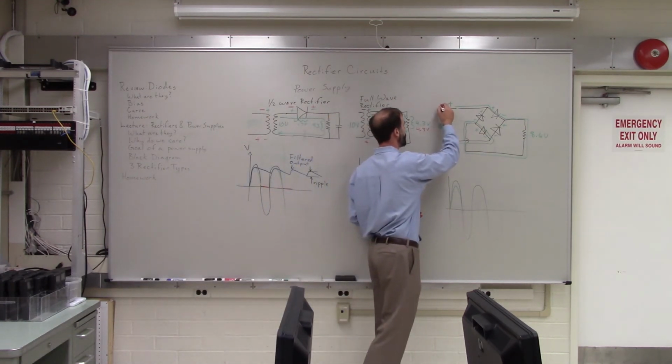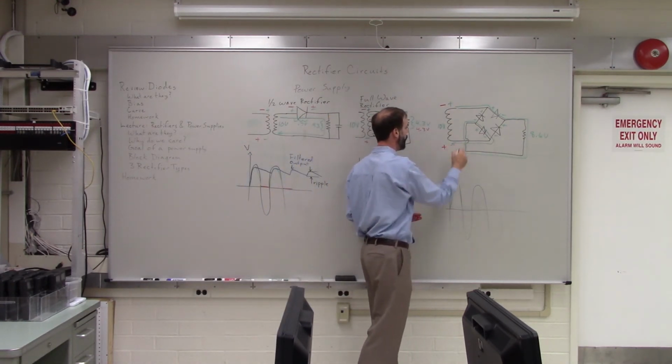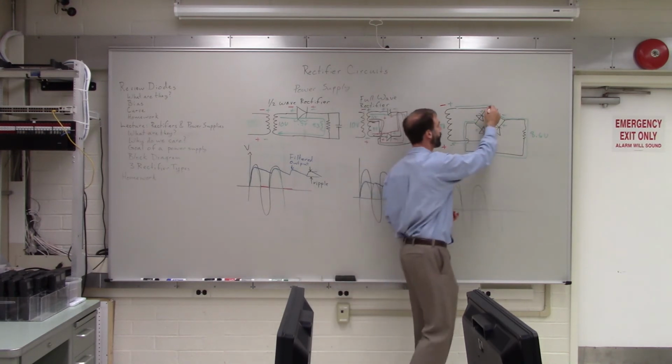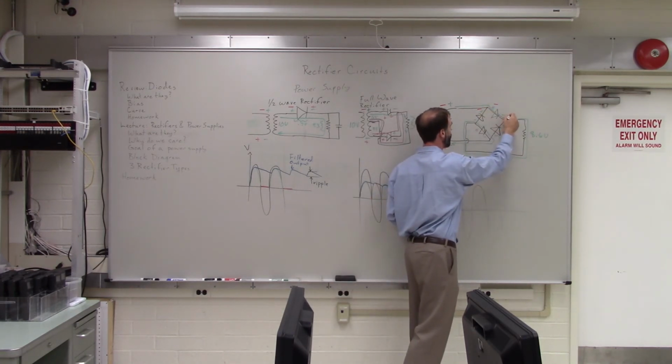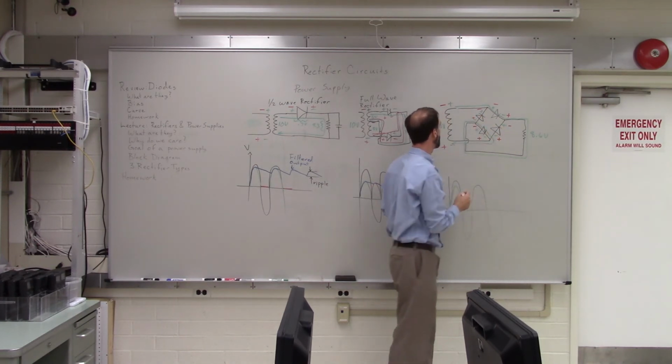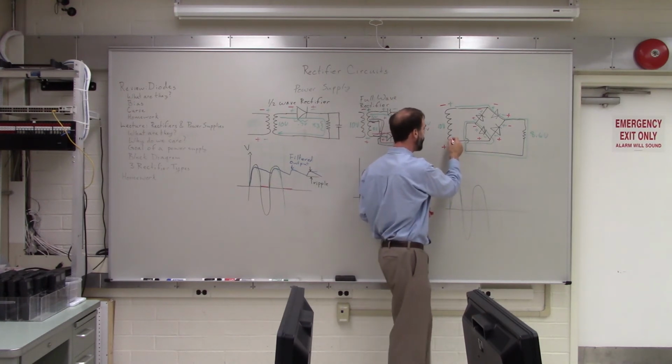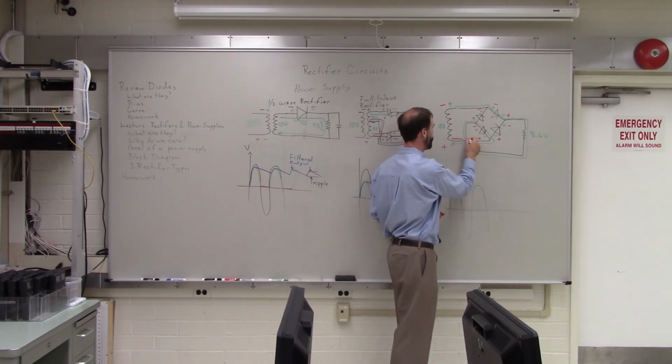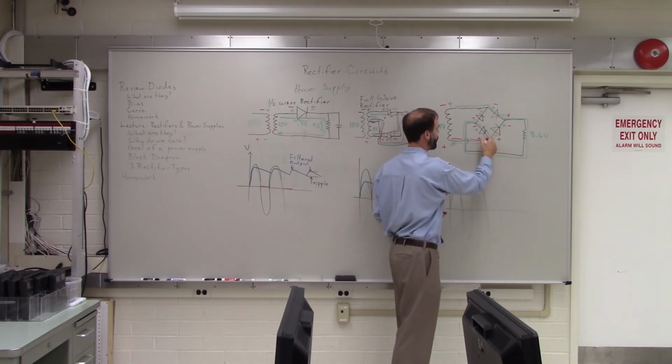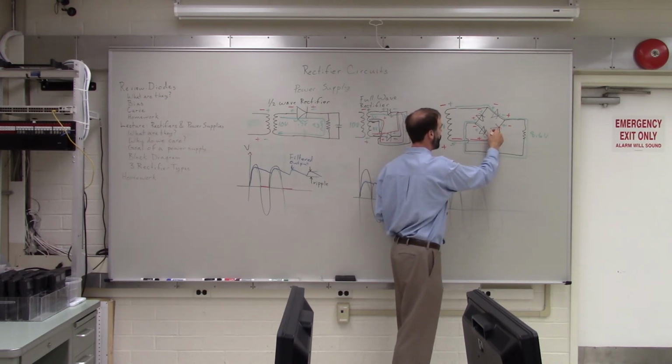In the opposite case, where we have a negative voltage up there and a positive voltage down there, the electricity starts here. The right diode is forward biased here, so the electricity goes to the right.